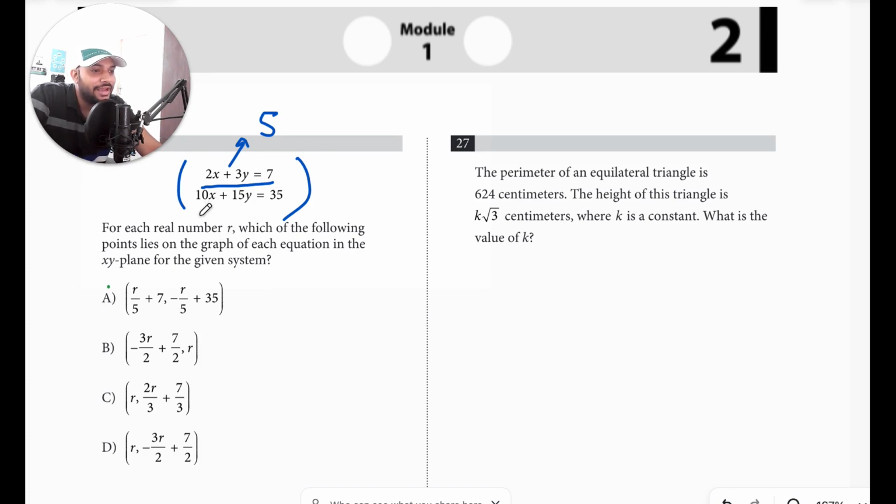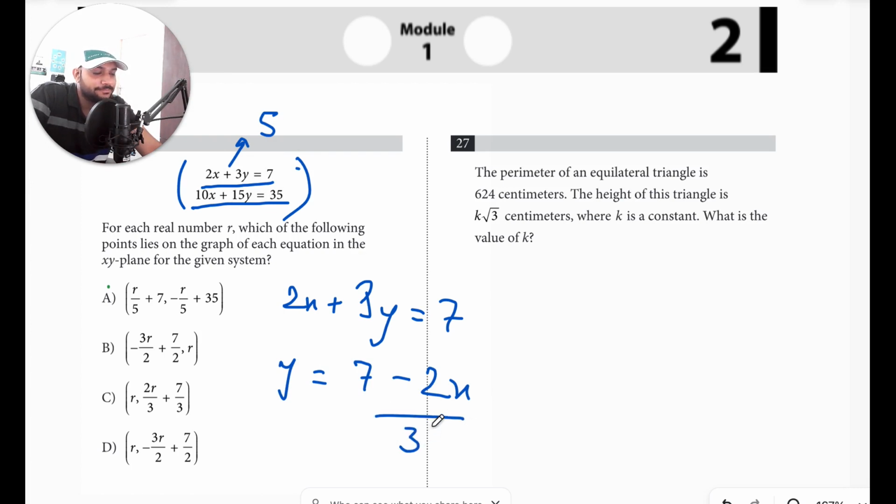If I take a 5 common throughout in the second equation, I'll get 2x plus 3y is equal to 7. So they're the same. Now that means 2x plus 3y equal to 7 is the single equation which we need to solve. Whatever the x is, y would be equal to 7 minus 2x over 3.